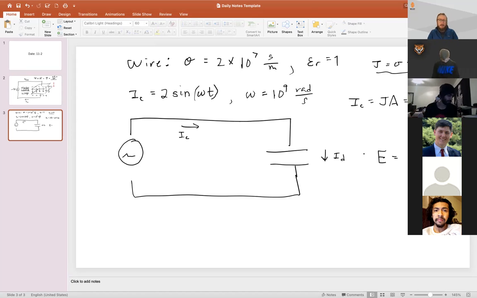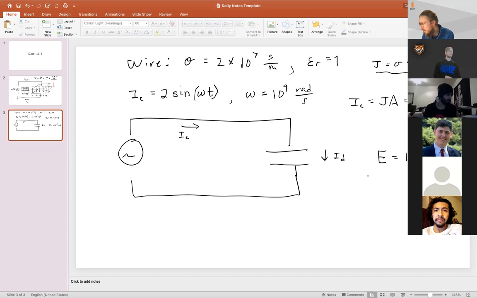10 to the negative 7 sine omega t. Is that 1 to the what? 1 times 10 to the negative 7 sine omega t. Like this? Okay. All right. I think that is probably close.